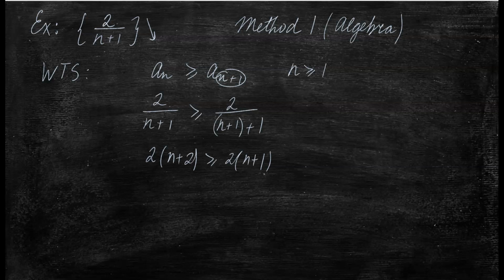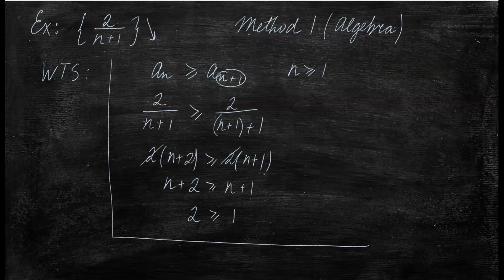We can reduce the 2's, subtract the n's, and we get a trivial identity here, which means that this inequality is always true. Again, none of the particular lines is the proof. It's this whole argument that we consider the proof that this sequence is decreasing.